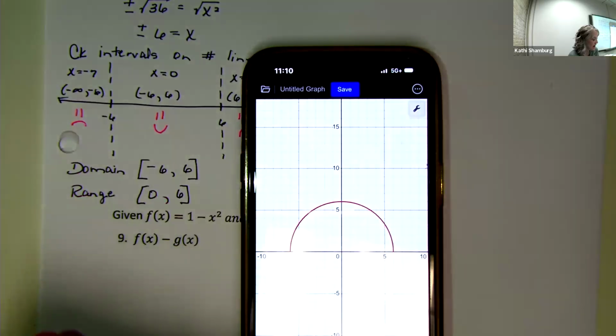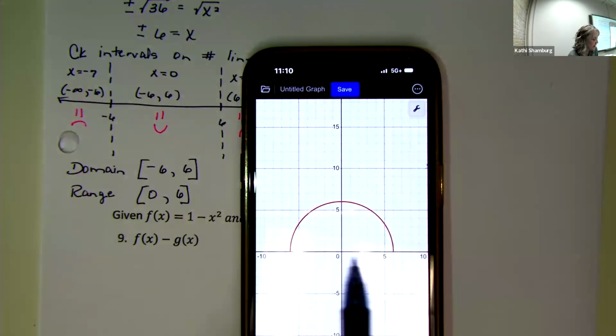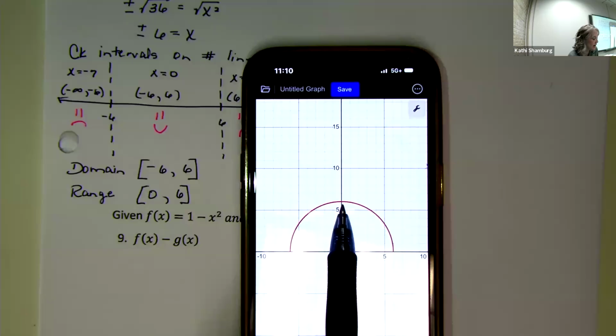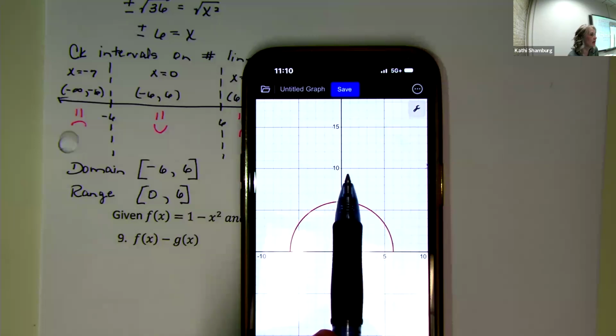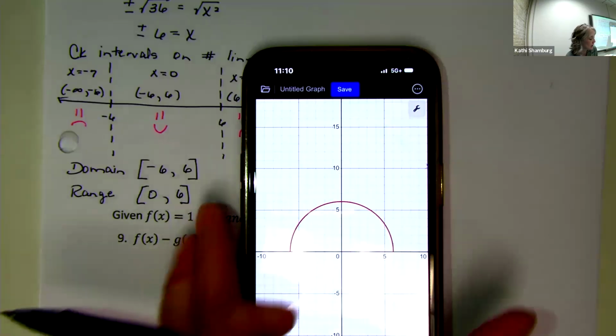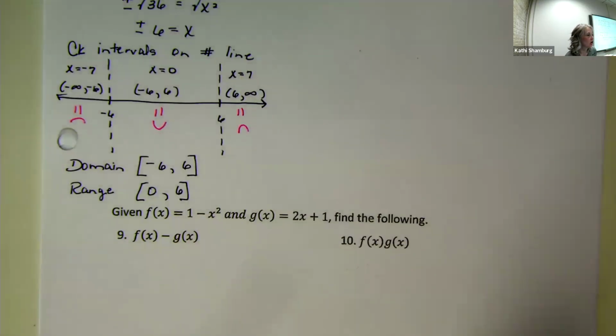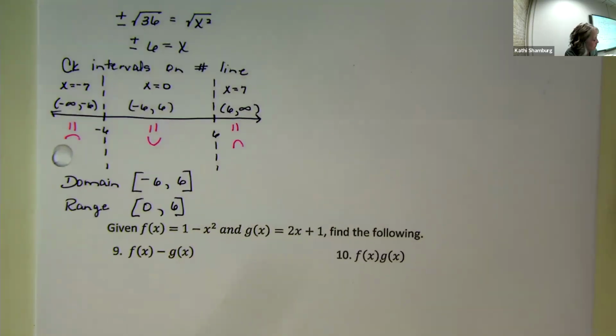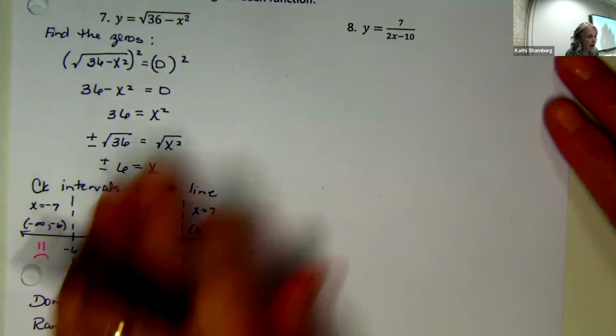Anything down here we cannot get to the graph. We can get to 0, all the way up to when y is 6, we're on the graph, but anything above I cannot. So you can always look at it on a graph to determine that as well. Okay. All right. So that's a radical equation.